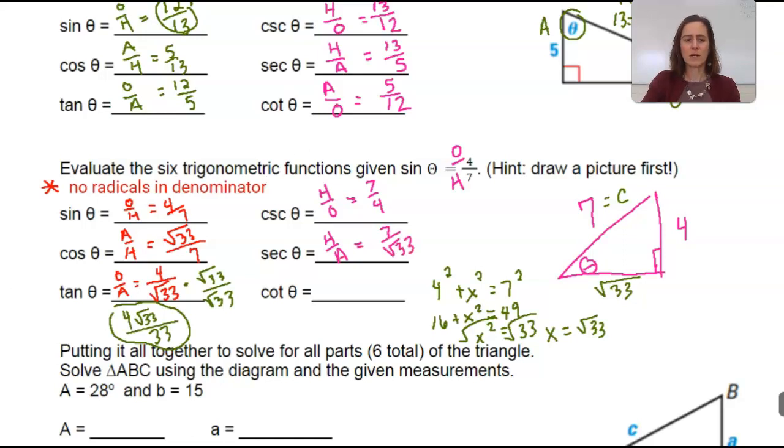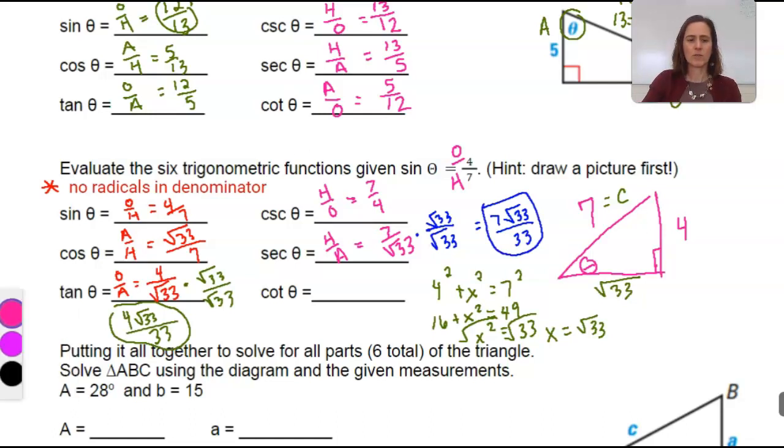Well, dang it, there's that one again where we have to multiply by √33 over √33. So secant would be 7 times √33 over 33. Okay. And then finally, cotangent would be the reciprocal of tangent of our red answer, not our final answer.